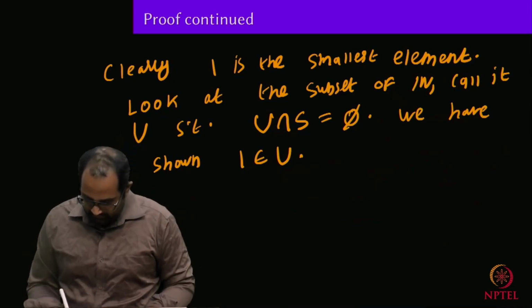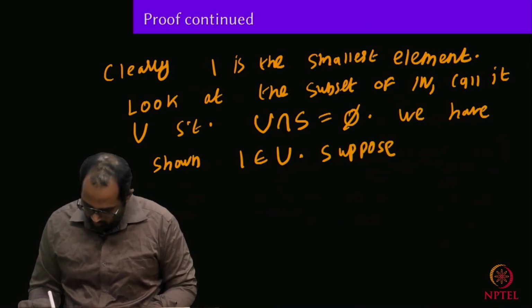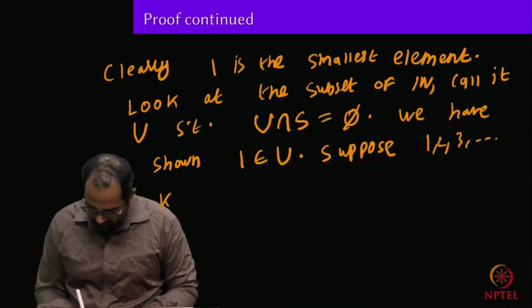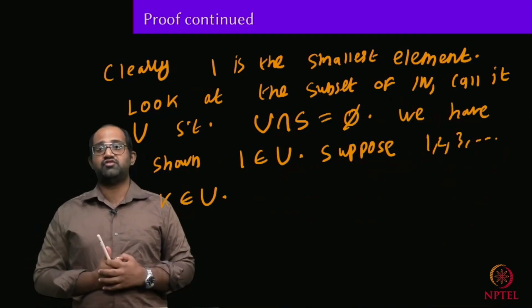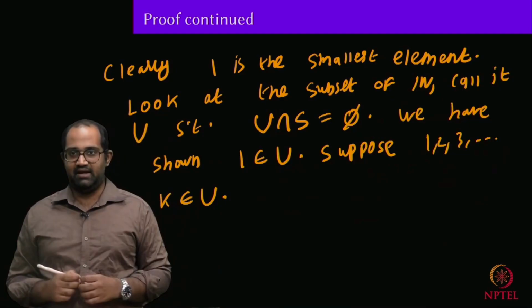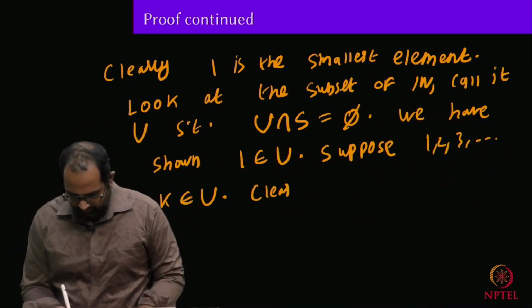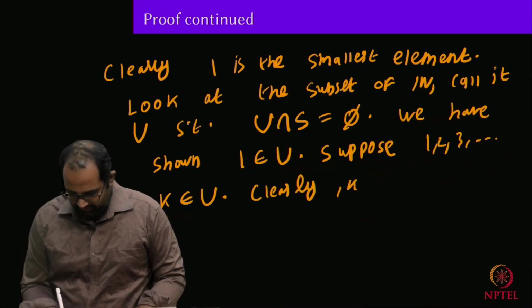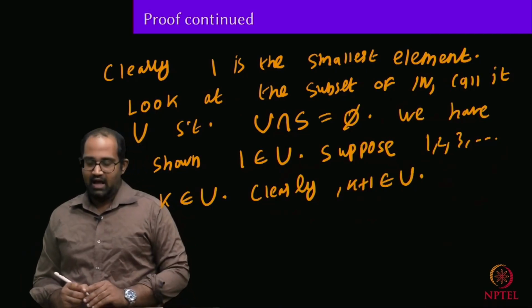Now suppose 1, 2, 3, ... k are in U. Suppose we have shown that 1, 2, 3, ... k are in U by some mechanism. Then clearly k plus 1 is in U. Why?